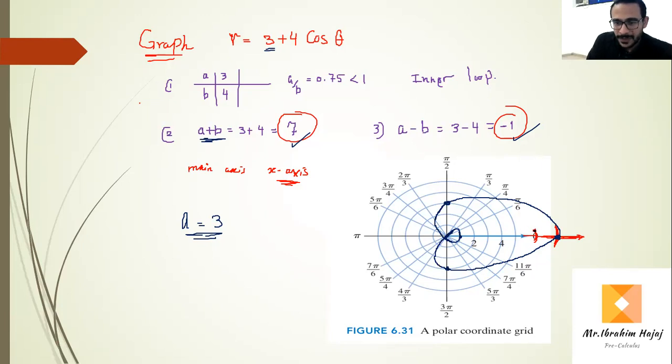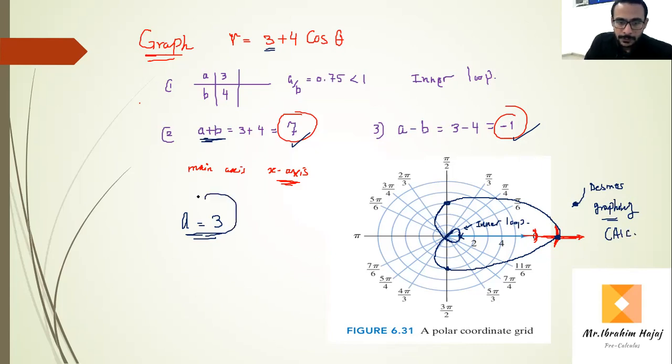Yeah, it will be like this, guys. So it's an inner loop. That's why we said it's an inner loop. So instead of putting negative 1 here, you put it as 1, so that it is an inner loop. And this is the graph. You can check your graph by using your graphing calculator or Desmos graphing calculator on Google.